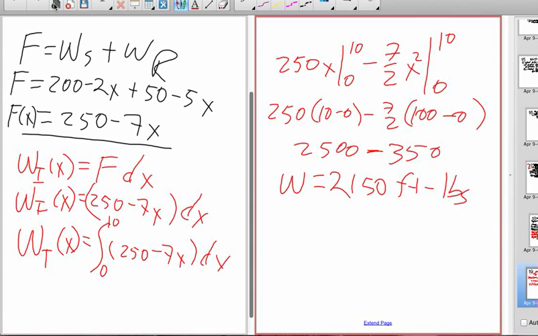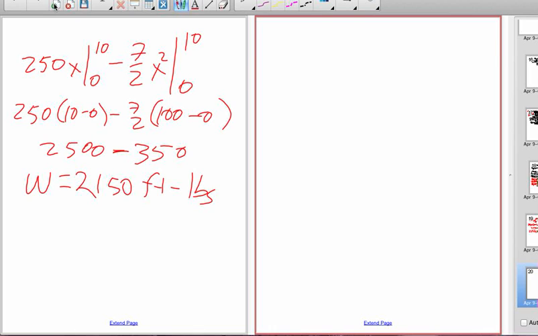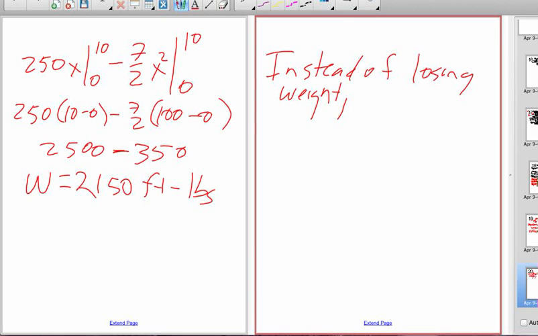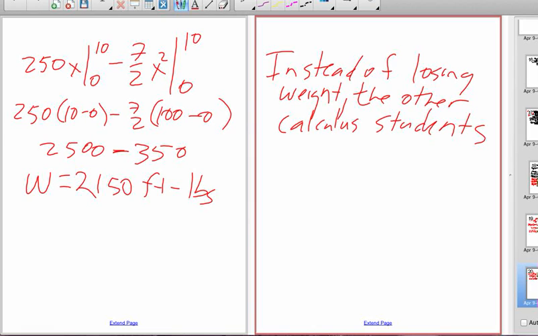Okay, so now let's take the same basic problem, but let's change it a little bit. Instead of losing weight, the other calculus students are shooting at him, okay?